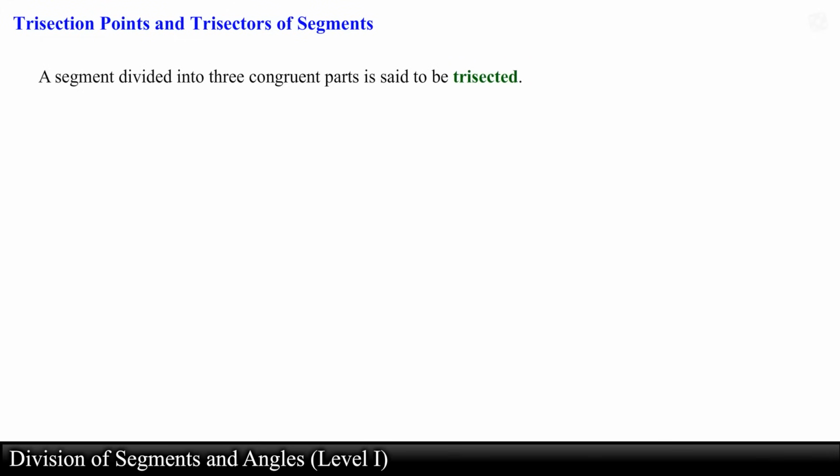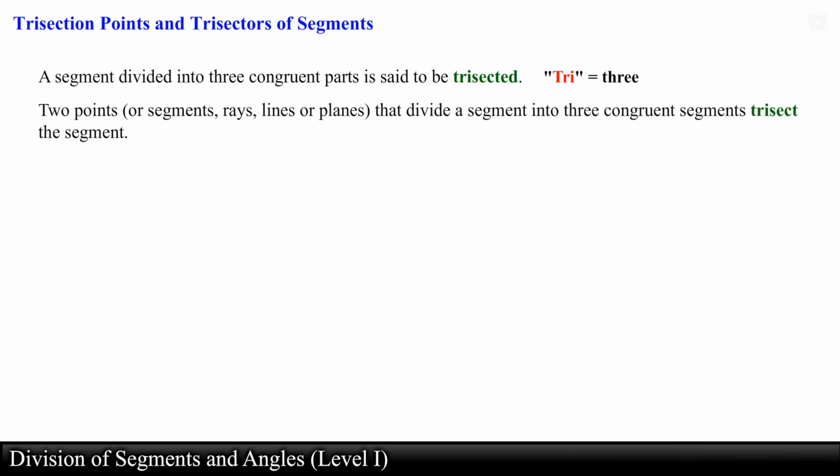Next, let's talk about trisection points and trisectors of segments. A segment divided into three congruent parts is said to be trisected. Tri is a prefix that means three. Two points or segments, rays, lines, or planes that divide a segment into three congruent segments trisect the segment.